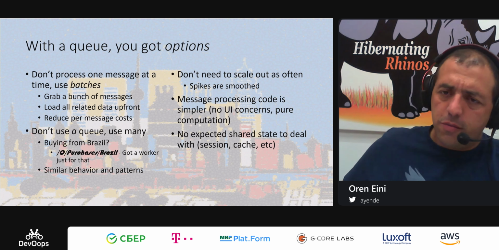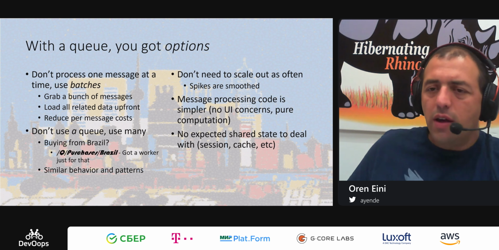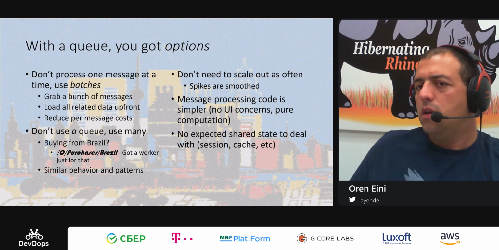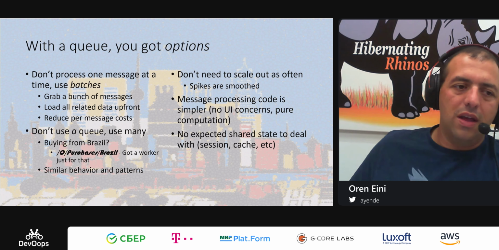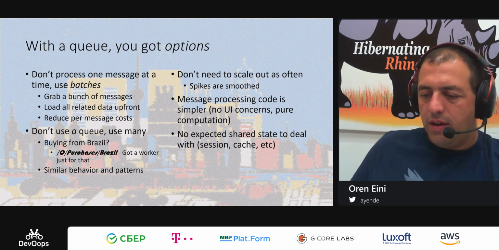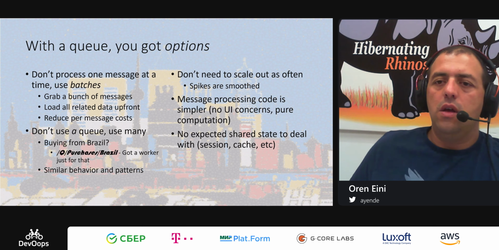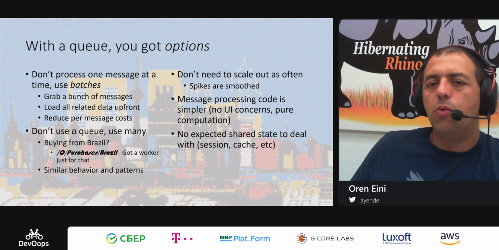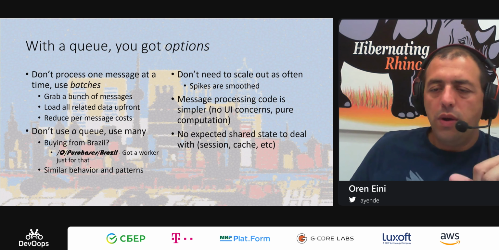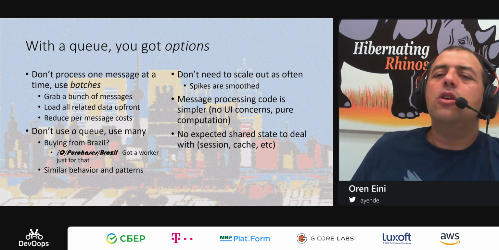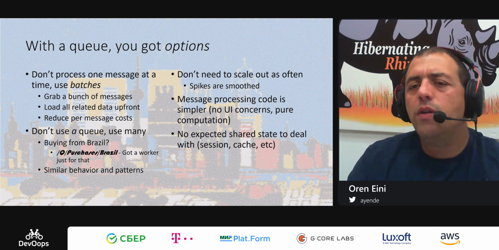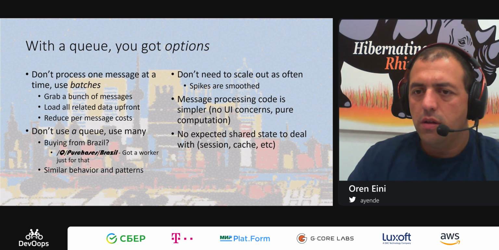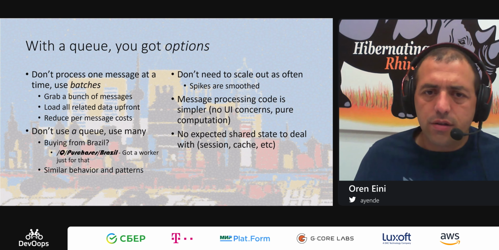And again, spikes are smoothed. I know I repeated that, but this is important, because it means that you can withstand things a lot easier. Especially the moment that you accept that you're going to be processing in an asynchronous manner with a queue, it means that your SLA is no longer 200 milliseconds. That's no longer the case.